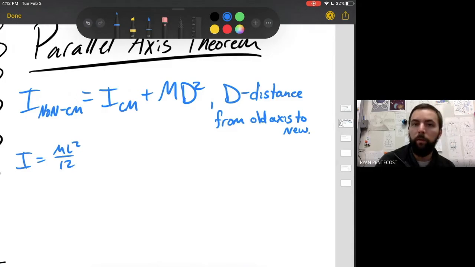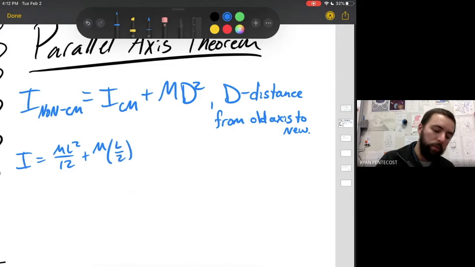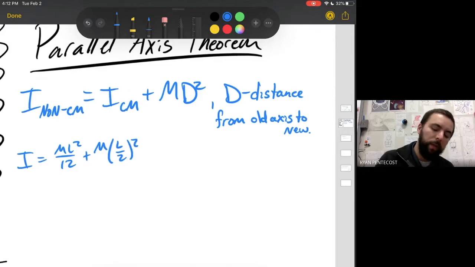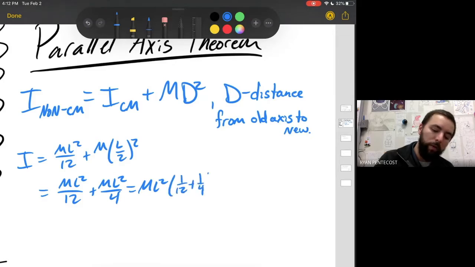That's the formula if it's at the center of mass, plus m times (L/2) squared. So that is ml squared over 4, right? So you've got ml squared over 12 plus ml squared over 4. You can also say that's ml squared times (1/12 plus 1/4).